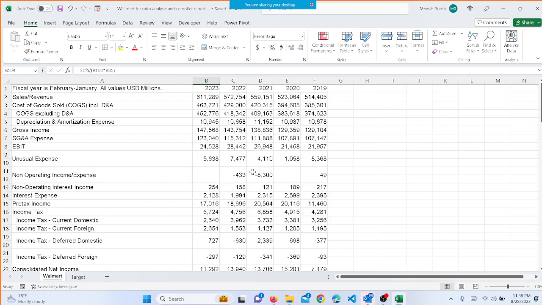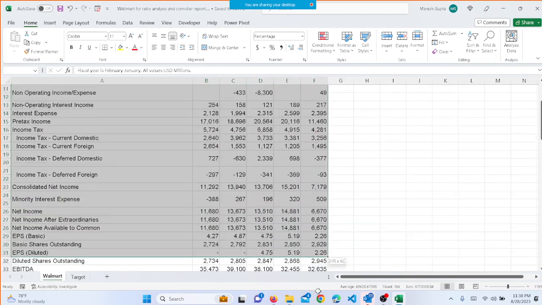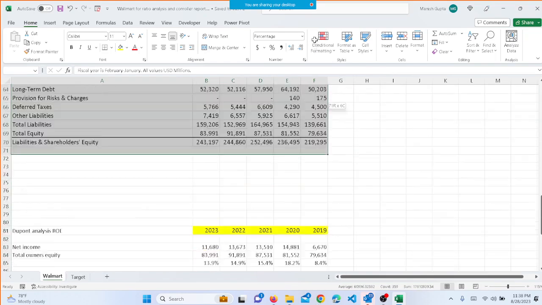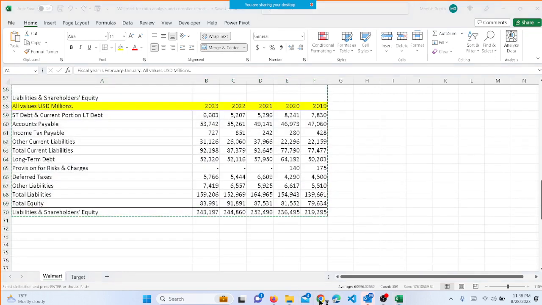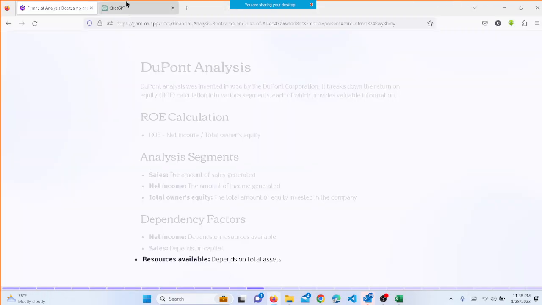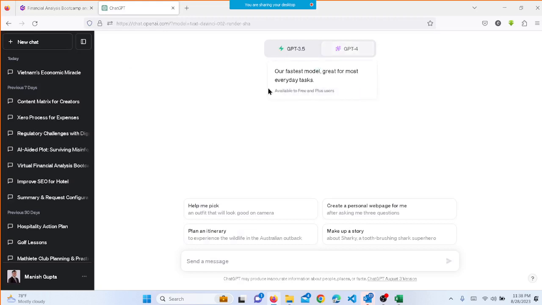Now, how can we use AI tools for this? There are a few methods that you can use. You can copy the data in Excel like this, simple, and then copy this data to ChatGPT.